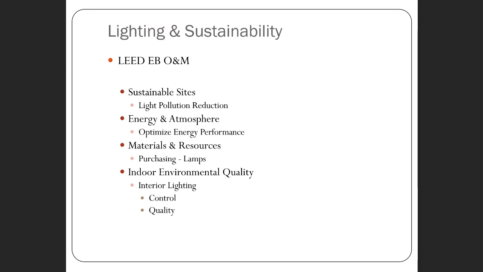We also have in the M&R, materials and resources category, getting that mercury out of the lamps. And again, the same things related to interior lighting, quality of lighting, and control of lighting.